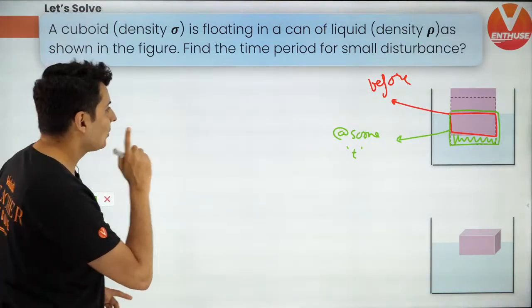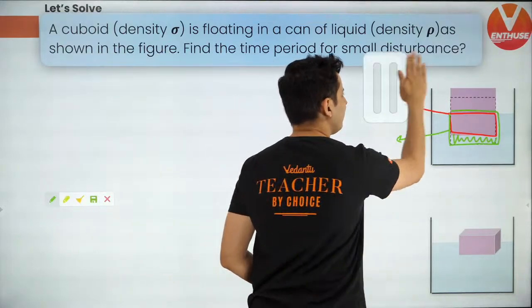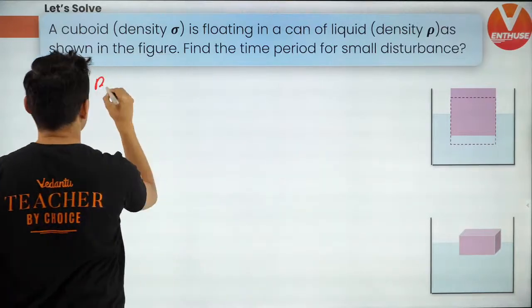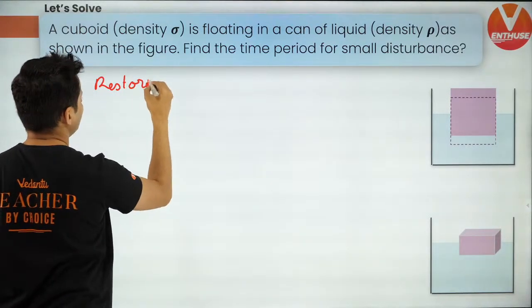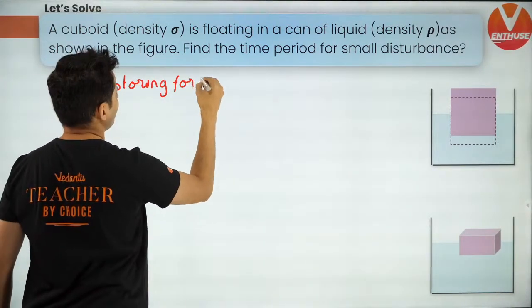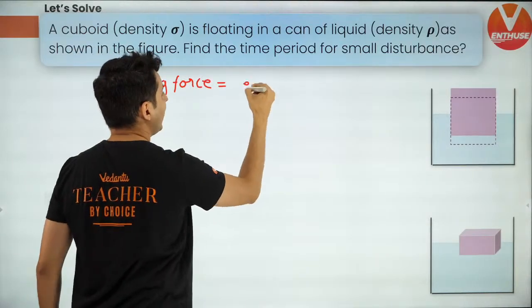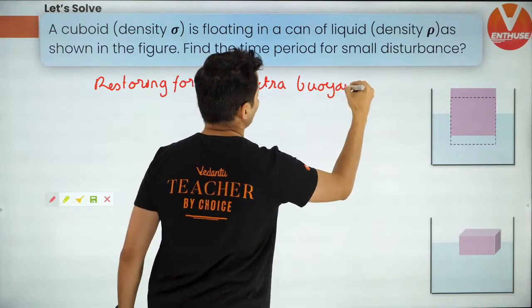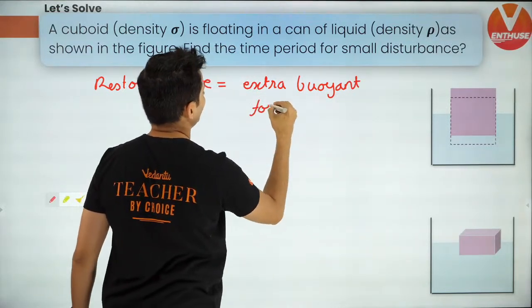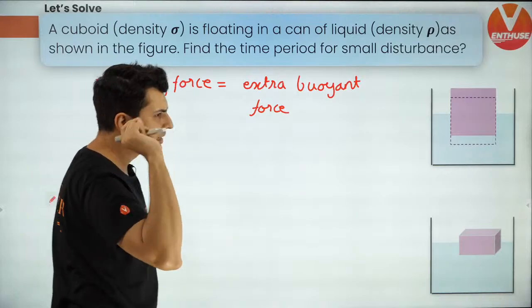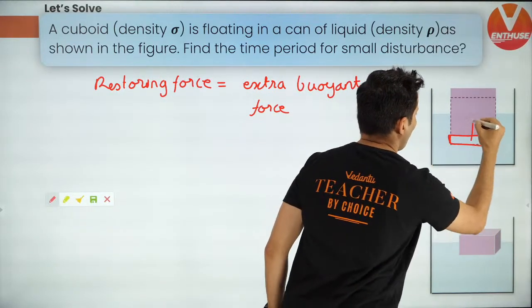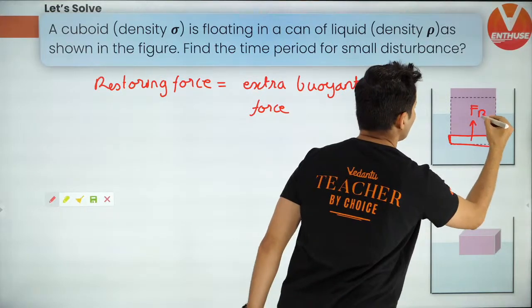Okay, so now think about it. If that is the situation, the restoring force is because of the extra buoyant force. Think about it. How much will be this extra buoyant force equal to?